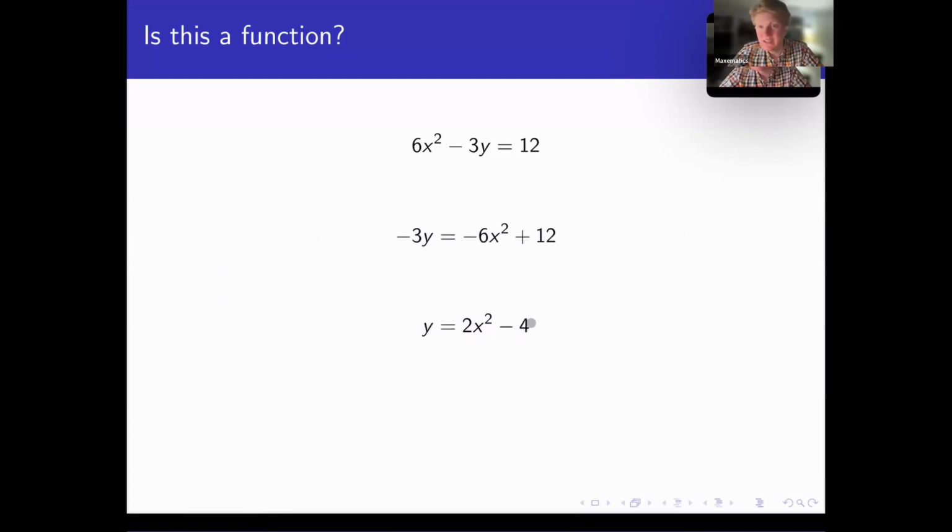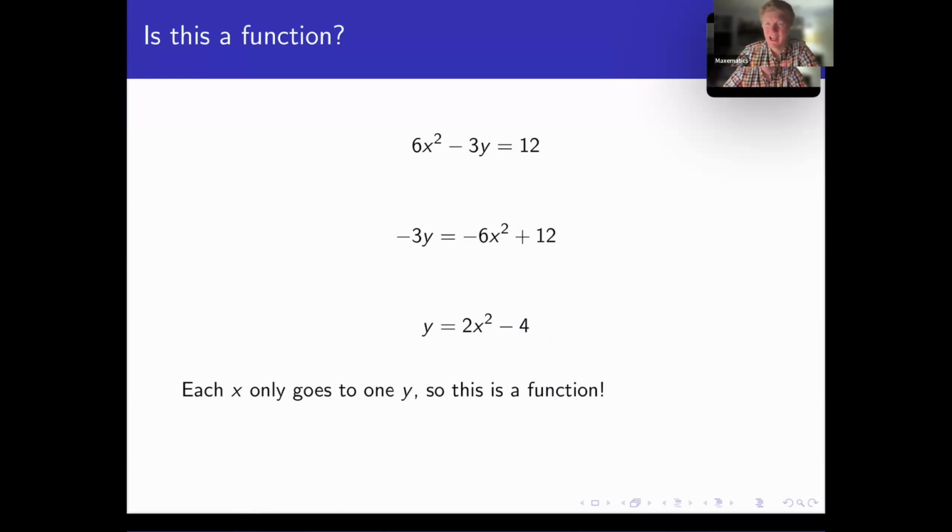But that doesn't really mean anything. What we're most concerned about is that when we plugged in one x, we only got one y back. That's the key here. So every x only goes to one y. No matter what we plug in for x, we can only get one y back. So this is a function.